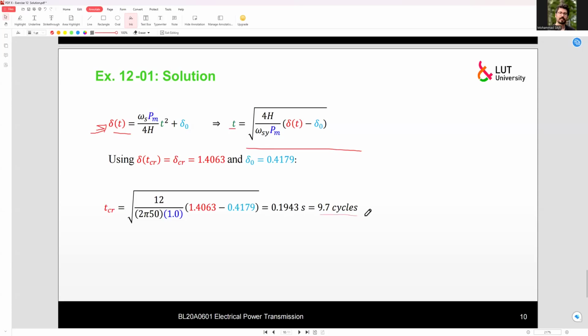So using this, we would have 9.7 cycles or 0.1943 seconds. So we have this window for fault clearance, which is a fairly short time, which requires accurate and advanced protection and also circuit breakers to be activated by occurrence of this fault.